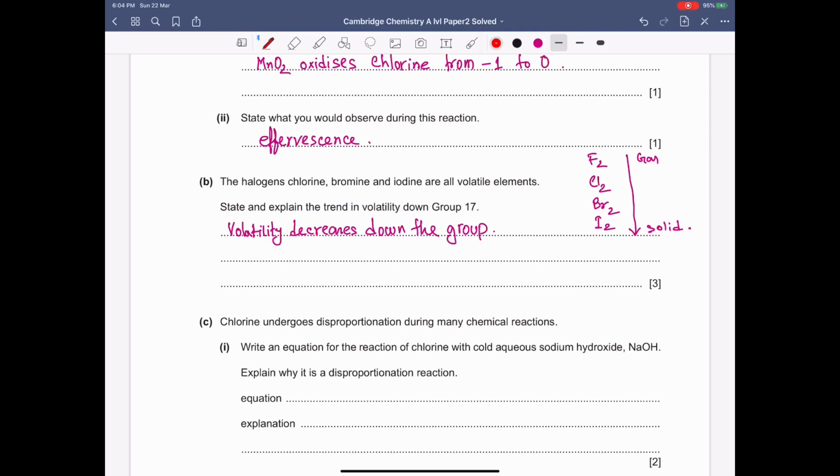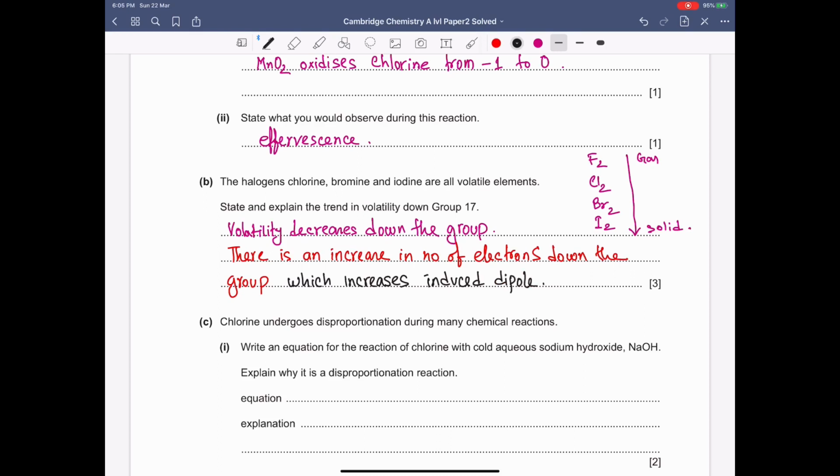Second point will be there is an increase in number of electrons down the group, which increases induced dipole.